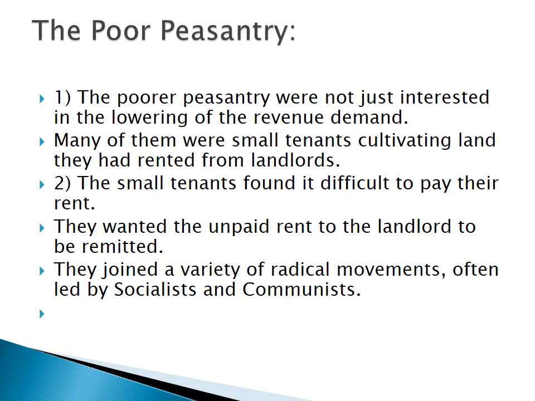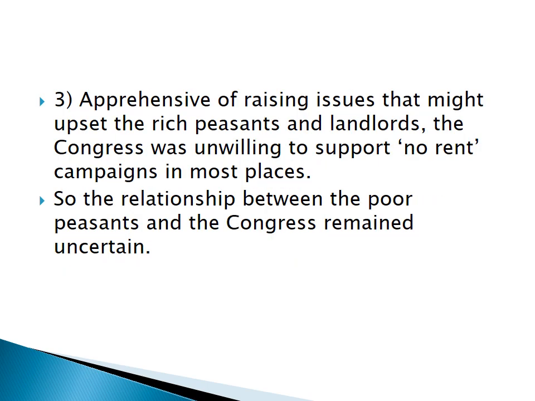They joined a variety of radical movements, often led by socialists and communists. Apprehensive of raising issues that might upset the rich peasants and landlords, the Congress was unwilling to support no rent campaigns in most places. So, the relationship between the poor peasants and the Congress remained uncertain.